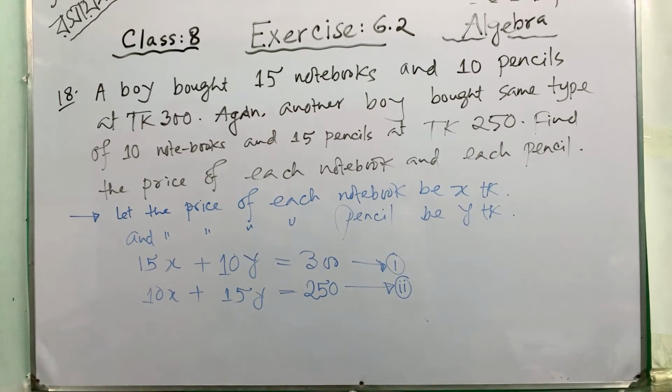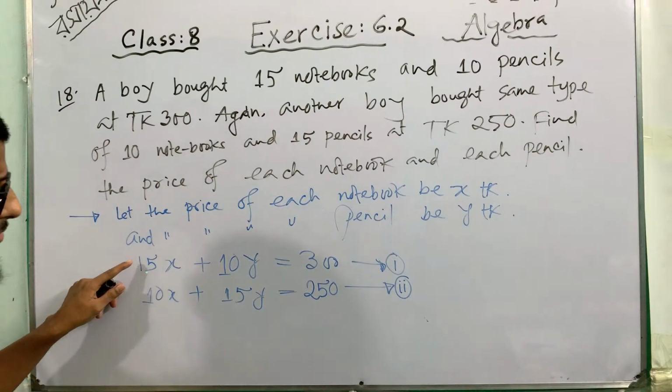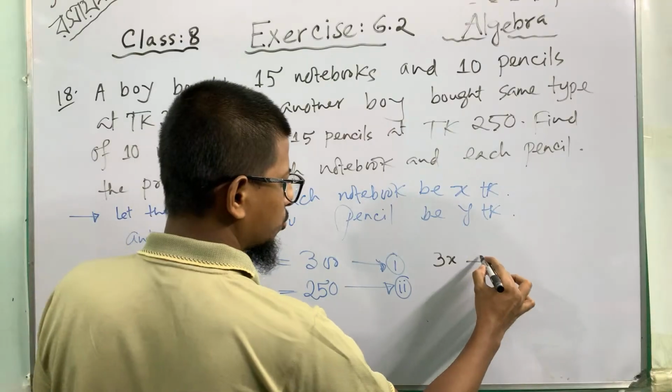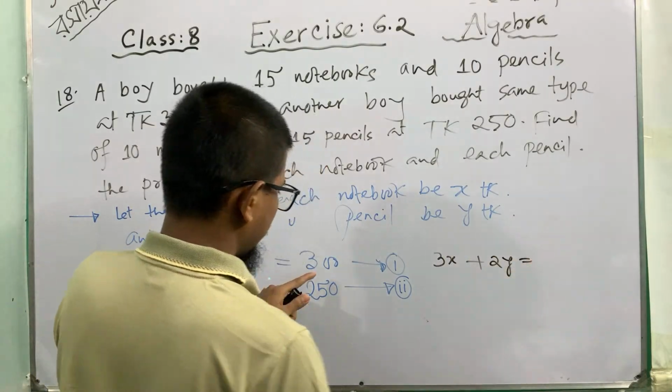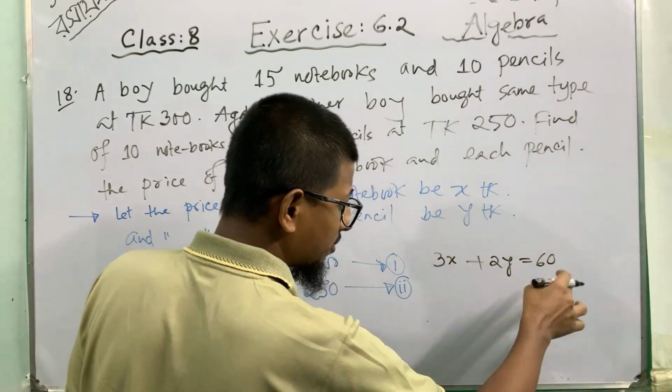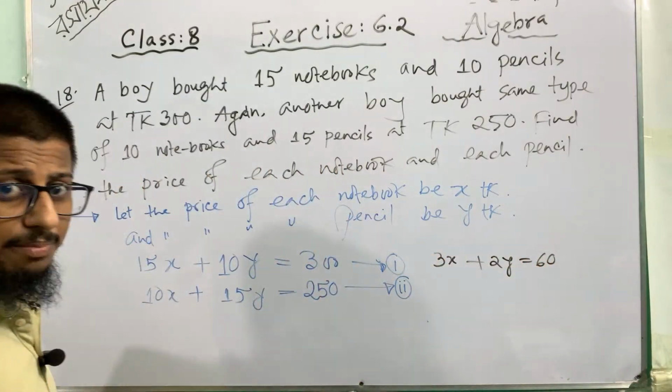Okay, so do you have any question here? Okay, so I want my equation to be simplified, so I'm going to divide the equation by 5. If I divide the first equation by 5, what do I have here? I have 3x plus 2y, and if I divide this by 5, I get 60. Now this looks simpler.